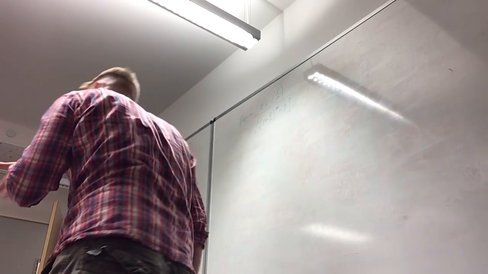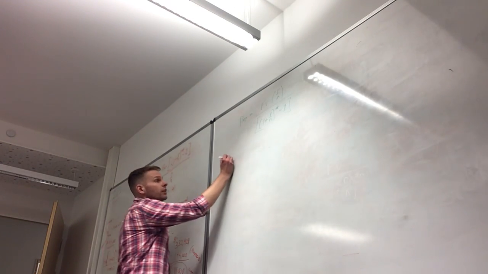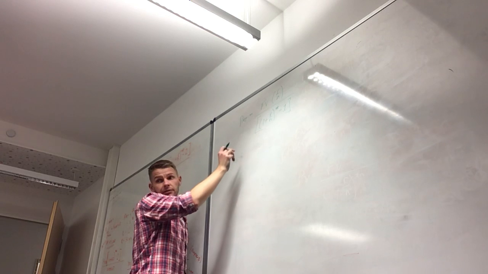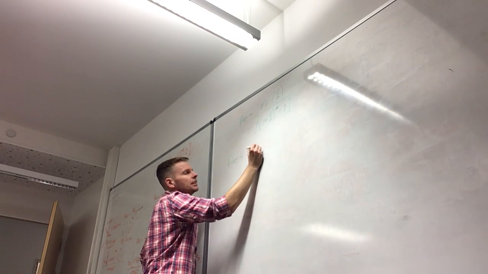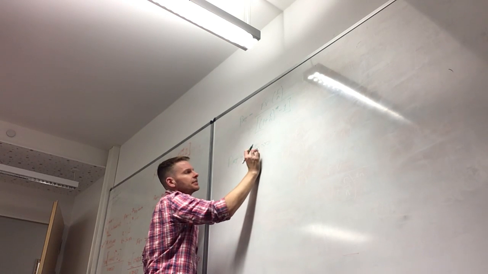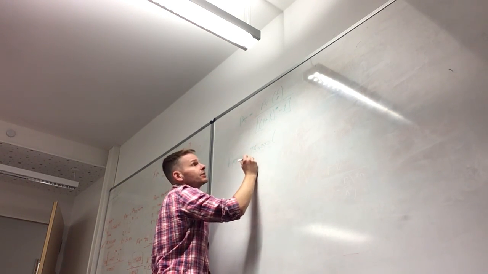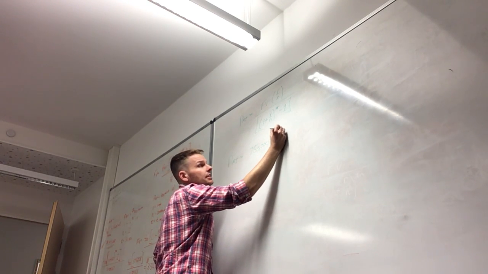Okay, so it's asking what is the payment. Future value, what is it asking me to have? 750,000. Times, what was our interest rate? 0.0325, 3.25% interest, right?